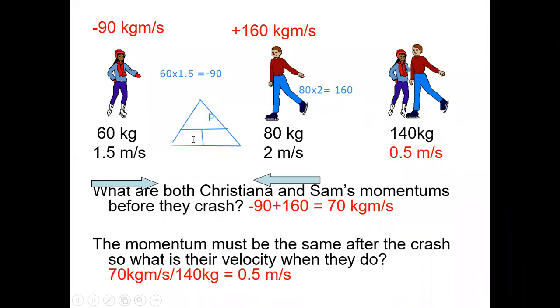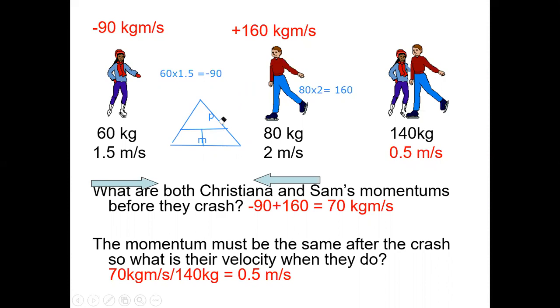So it's asking for the velocity, so that's mass, because we don't know what the velocity is when they crash. Let's just put it here. Right, V. We want to know what the velocity is, so I'm going to get my rubber and rub out V. So then we do P, which is momentum, divided by mass, because the subject here is velocity.